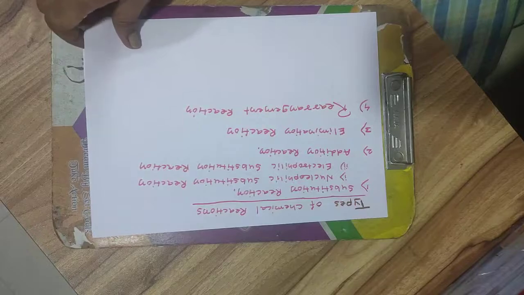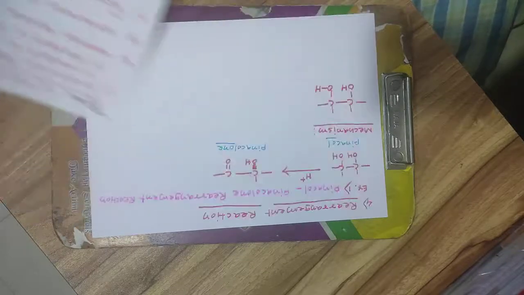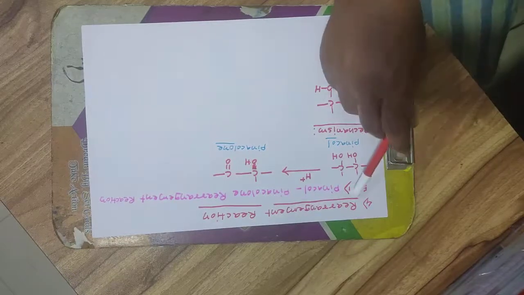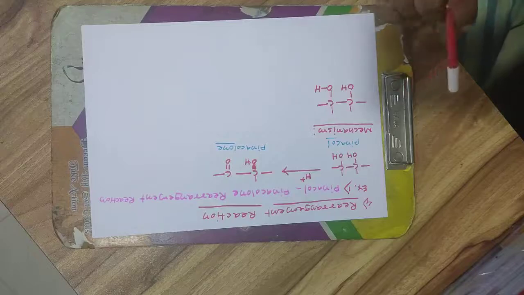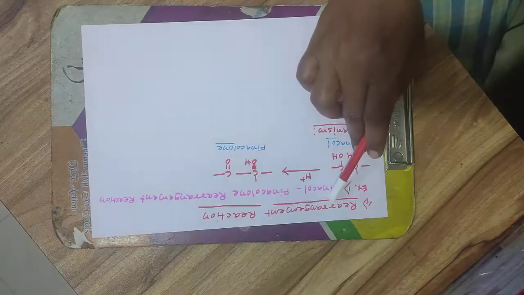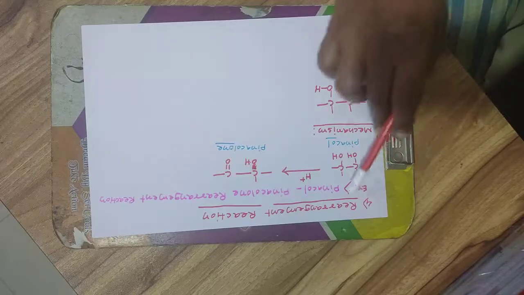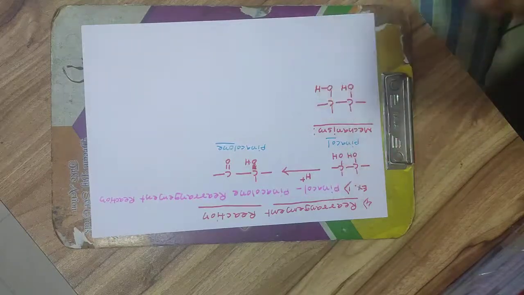You know what is meant by rearrangement reaction. The word rearrangement means there is an arrangement of the carbon skeleton or carbon nitrogen skeleton, and this skeleton further gets rearranged.